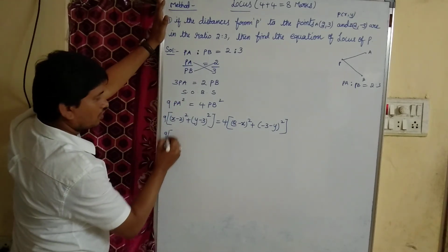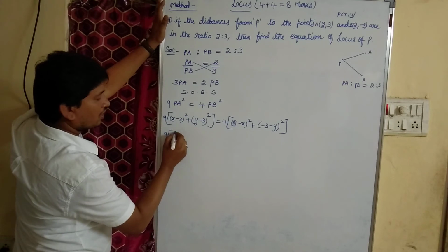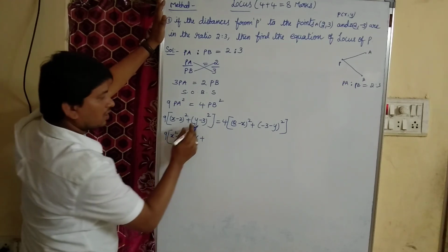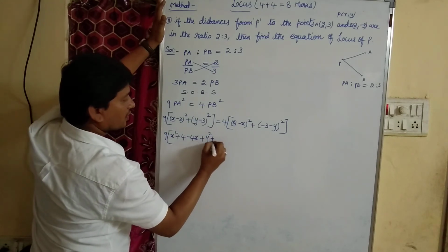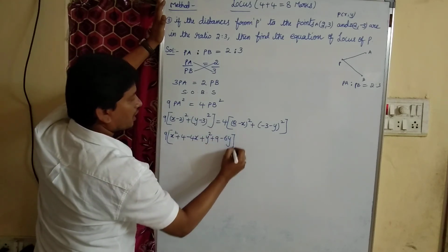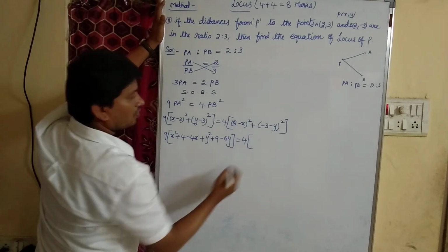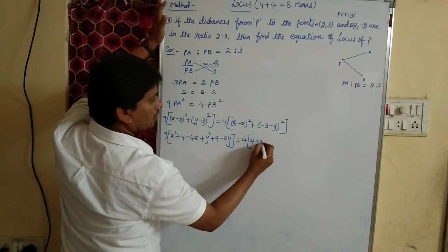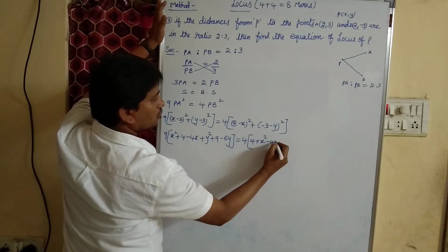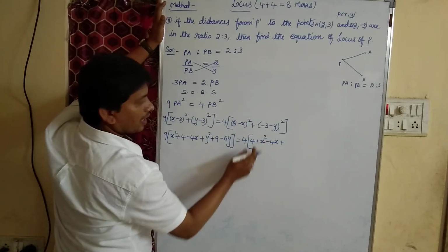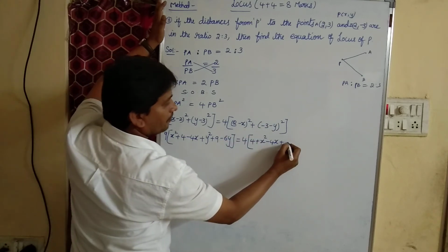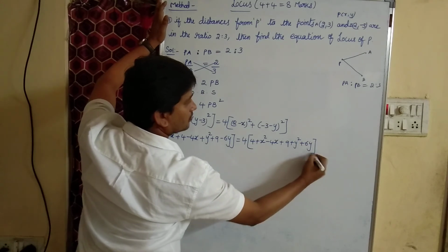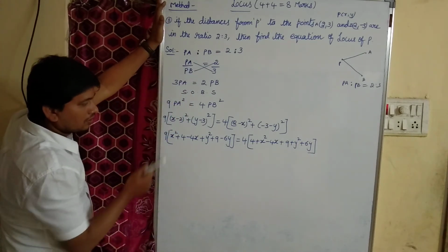So 9 into (a minus b) whole square, a square plus b square minus 2ab, equal to 4 into (a minus b) whole square, 2 square is 4, x square, 2 twos are 4x. As it is the (a plus b) whole square formula, a square plus b square plus 2ab. Right?